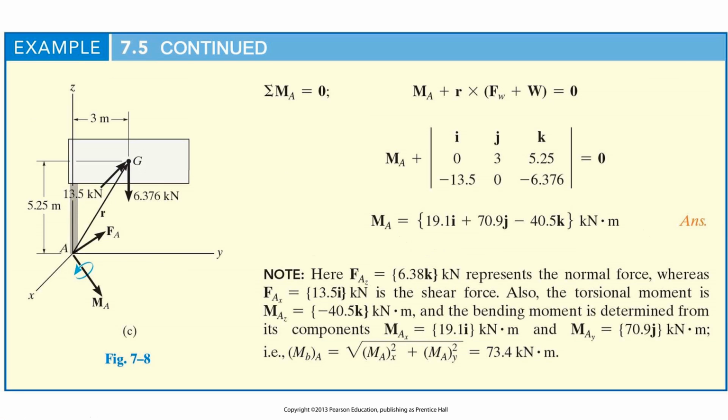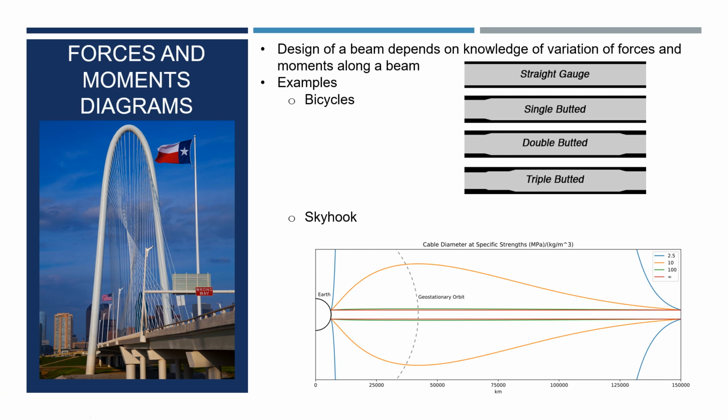So I wanted to go through the strategy of approaching a three-dimensional problem. So we're going to do force and moment diagrams next. And so we want to know how forces vary along a beam. And the reason, there's a couple reasons. Here's a couple examples here, just to show you why this is important.